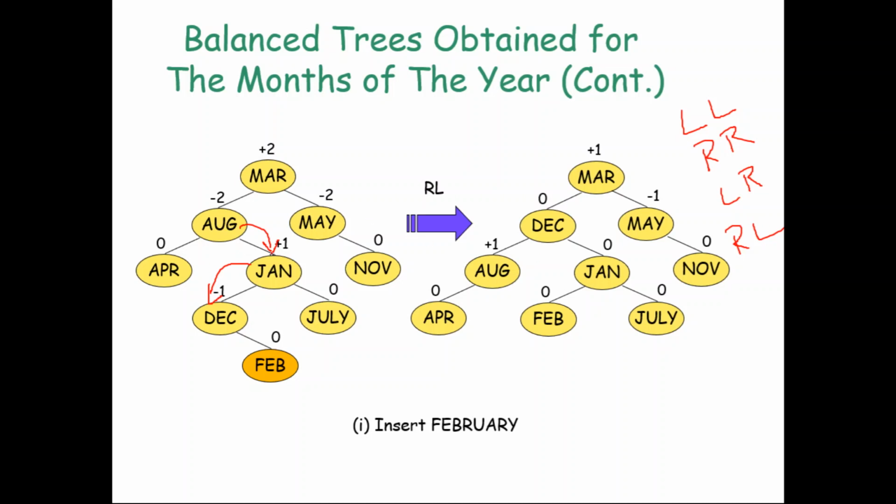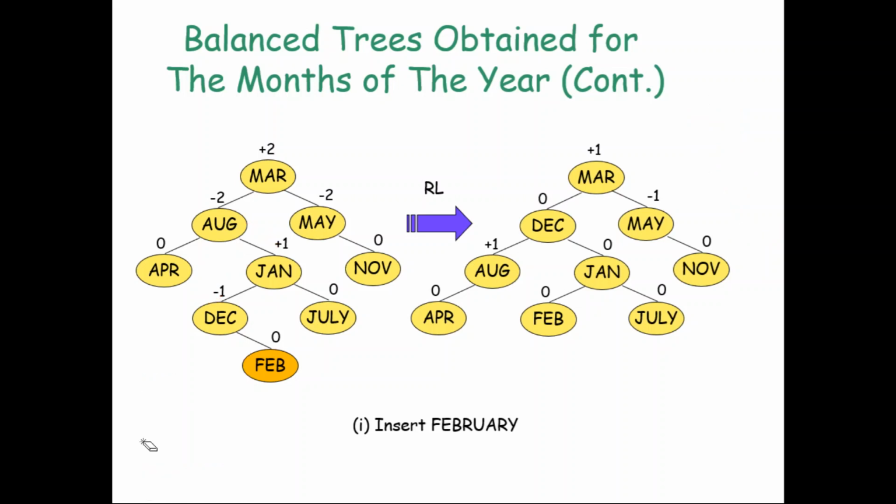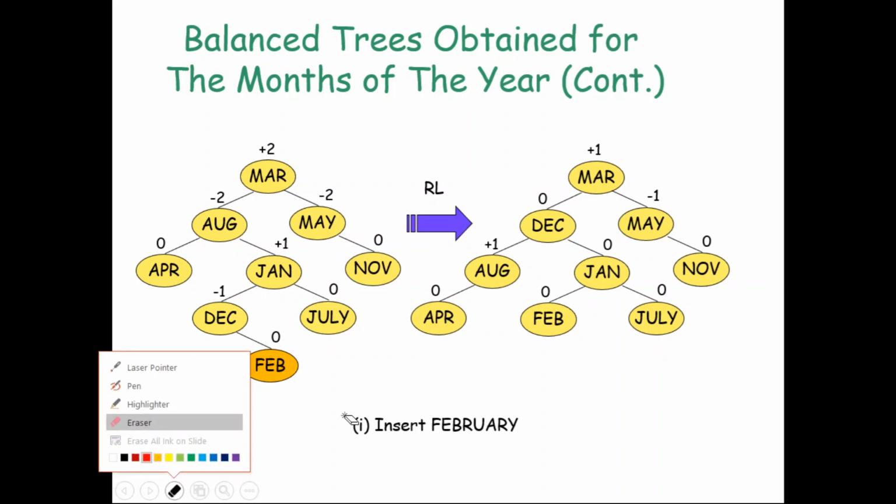There is a direction change: you are moving from right to left. So it is understood that the rotation you have to perform is first right and then left. Where do you perform the right rotation? Where the direction got changed. The direction got changed at Jan.